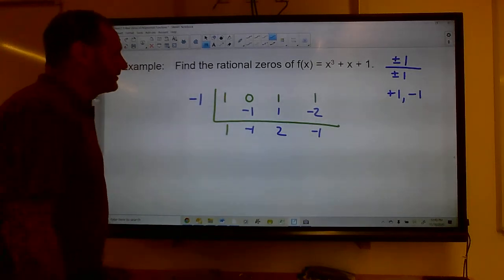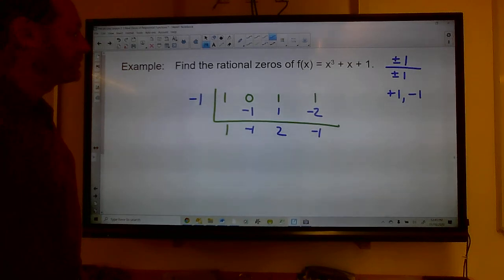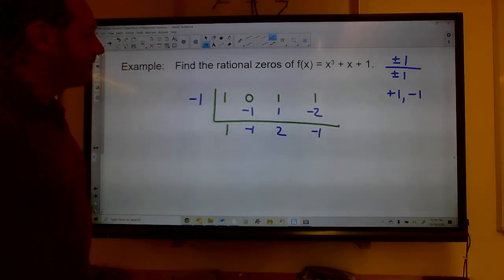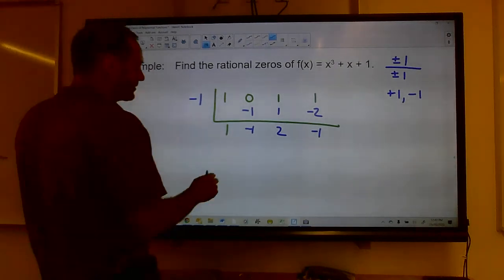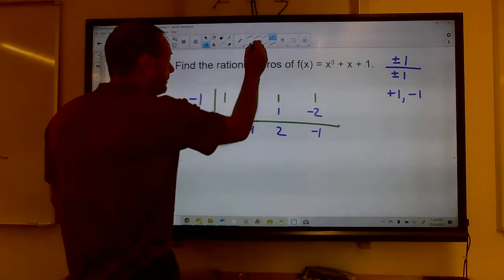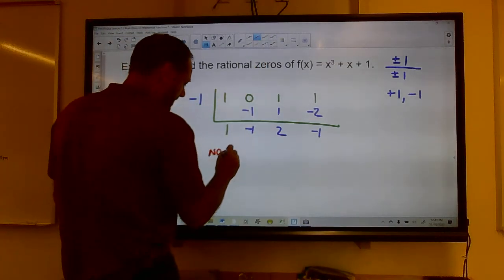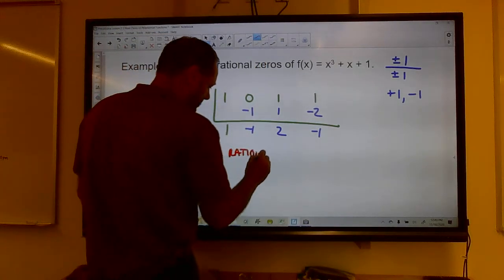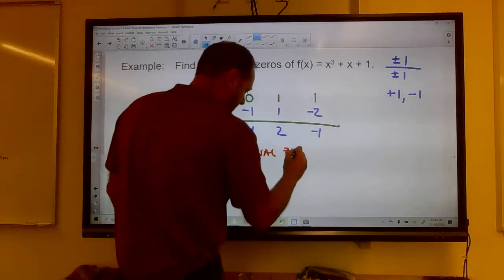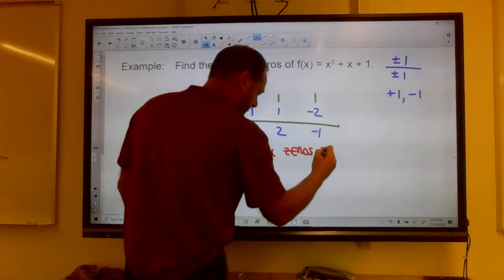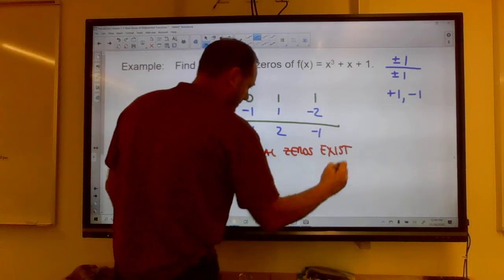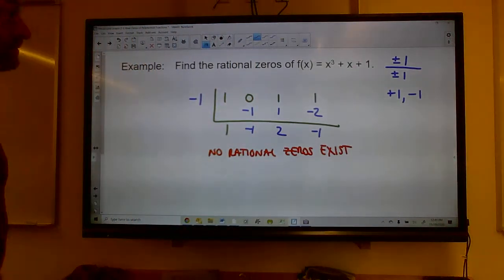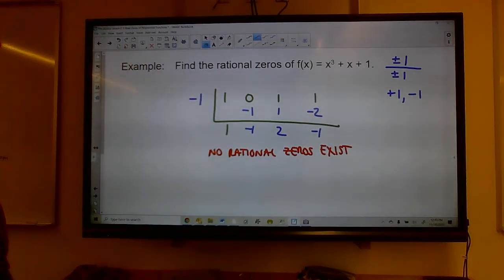So this does not have any rational zeros. So there you go. Find the rational zeros: no rational zeros exist. There might be other zeros, but they're not rational numbers.